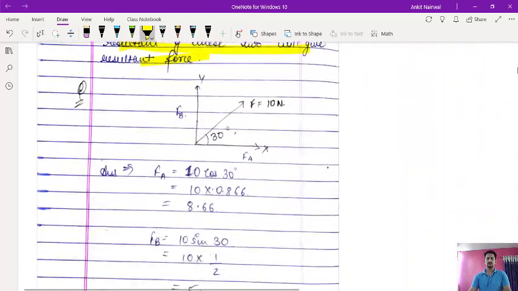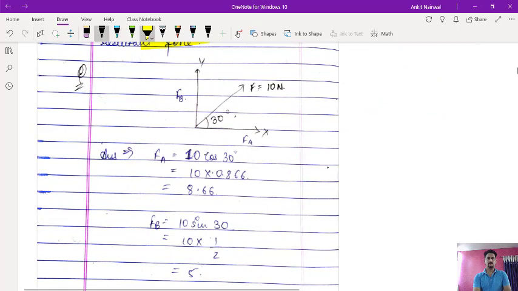Now let us see some numerical part, how we divide this resultant force into components. Suppose a force F is given as 10 Newton and it is at an angle of 30 degrees with the horizontal. Now we have to calculate the rectangular components. Now how will you calculate the rectangular components? I have already told that the component that is having an angle with the resultant force is the cos component.